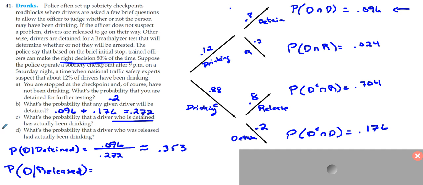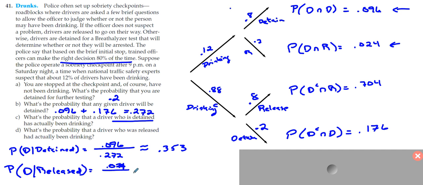So we find the probability of both these events occurring, drinking and released. Drinking and released is right here, 0.024. And that's a 4. It's not making it any better.